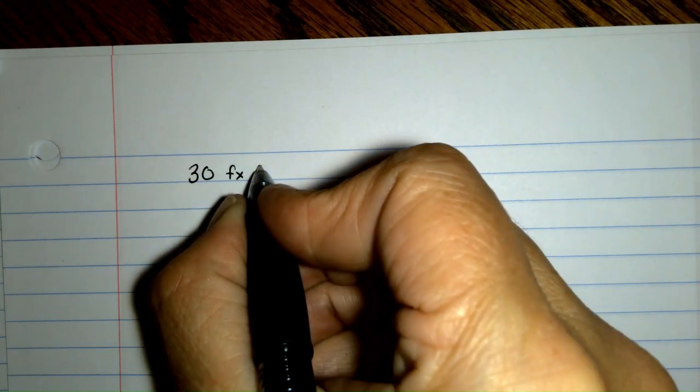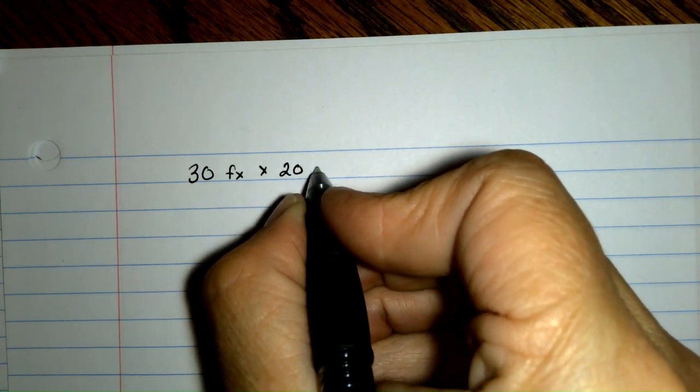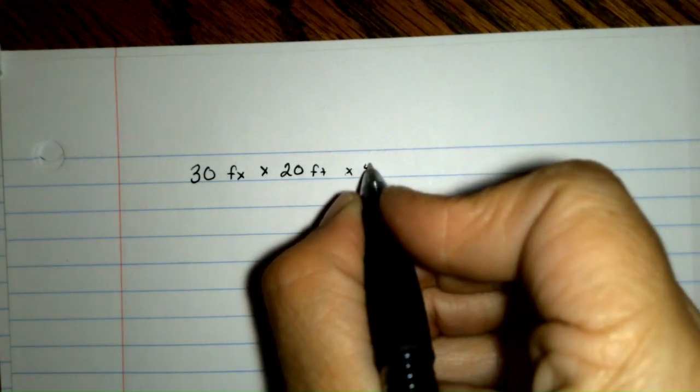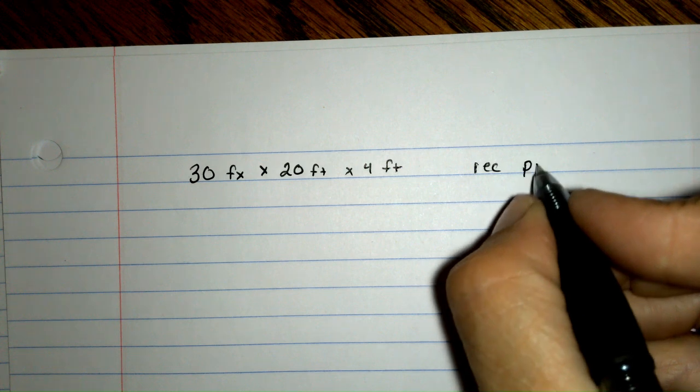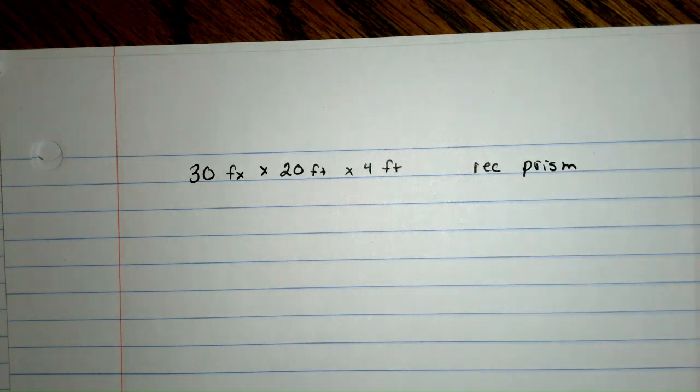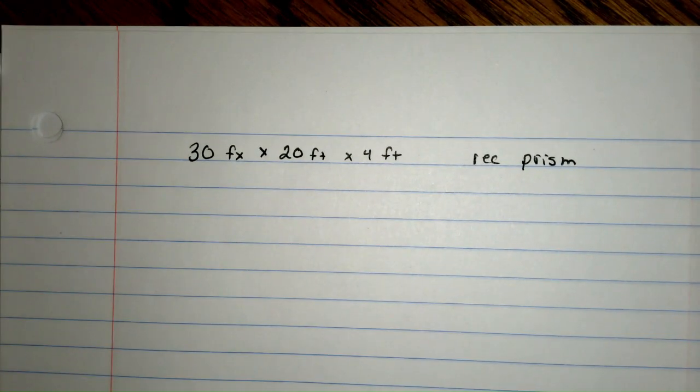So let's look at some hypotheticals. Okay. You have a swimming pool. Your swimming pool is 30 foot by 20 foot by 4 foot. And it's a rectangular prism. It's just a basic rectangular pool. There's no sloping.